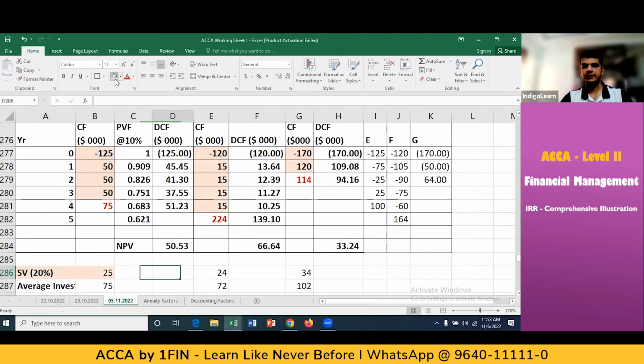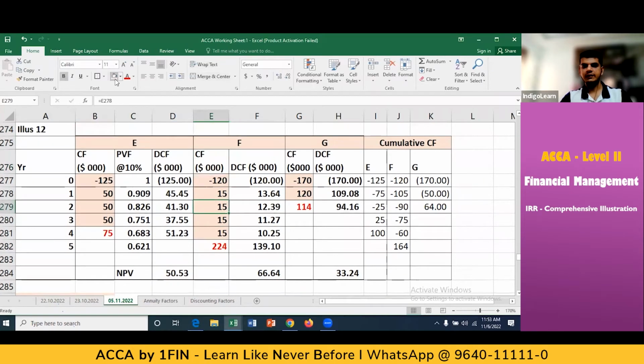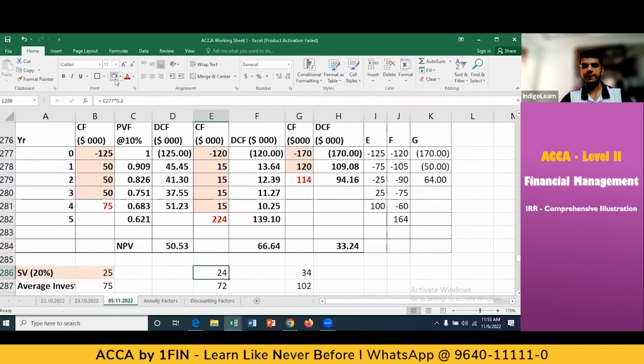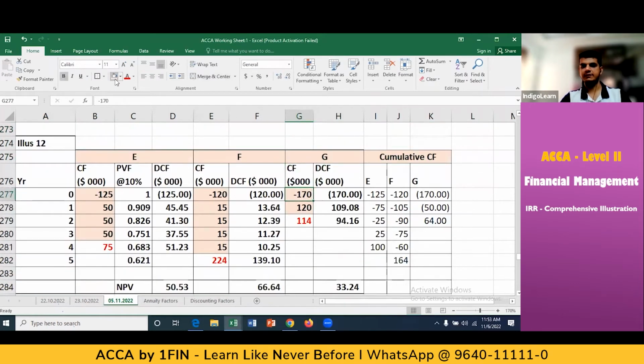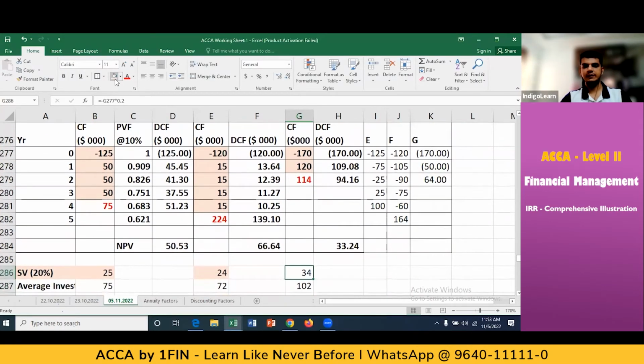Similarly, in project F, the initial investment is 120, 20% of it is 24. In project G, the initial investment is 170, 20% of it is 34. So we'll just add it in the last year cash flow of these projects.